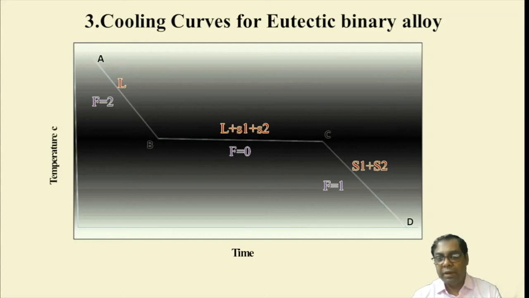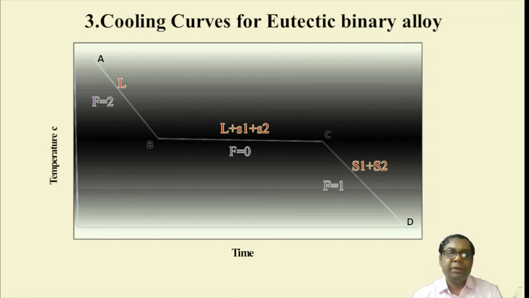L means pure liquid, that is from A to B. From B to C, there is liquid plus two different types of solid it is producing. One is solid 1 and the other one is solid 2. And the third one, from C to D, two different types of solids it is producing. Not only one solid, but two different types of solid.